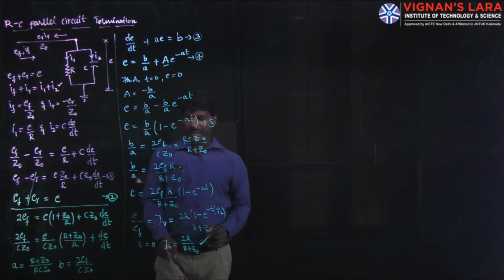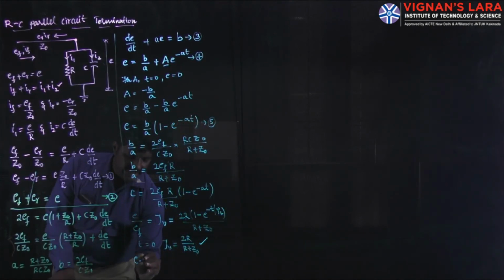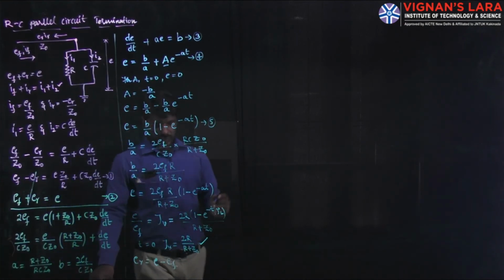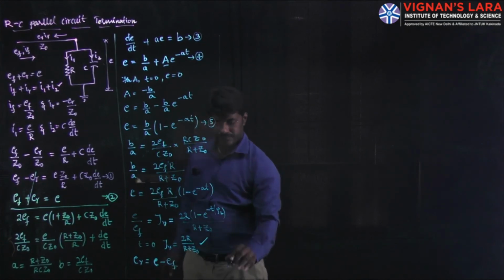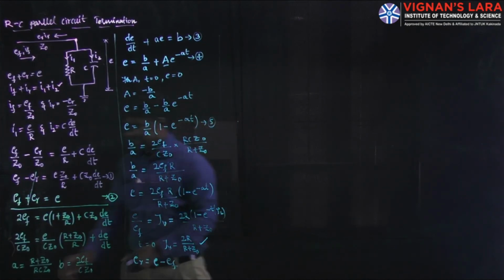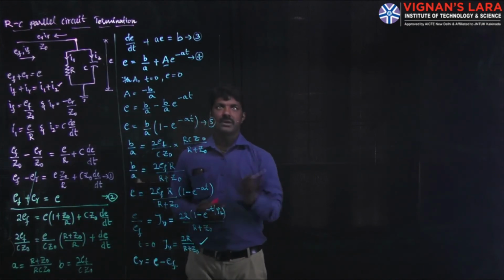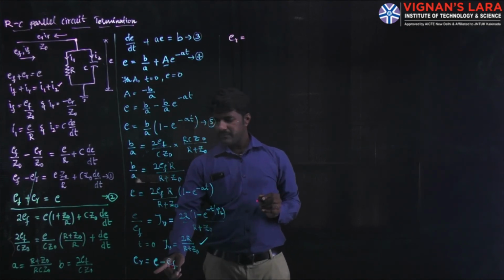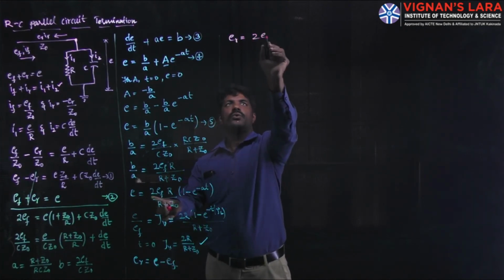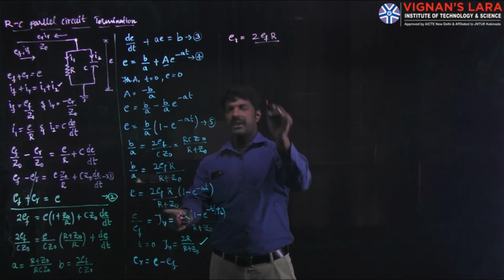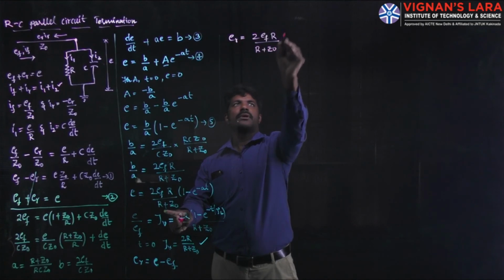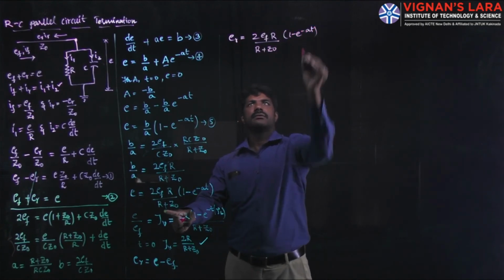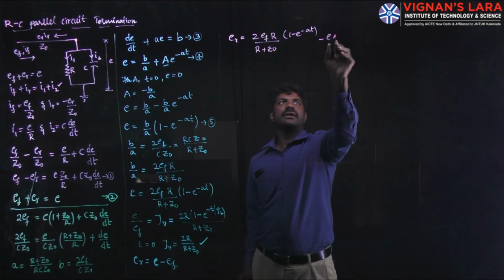Whereas the reflected value, you can also verify that E reflected is equal to the overall resultant minus incident. So the reflected voltage ER is equal to the total voltage E, whose value is 2EF R by R plus Z naught into 1 minus e power minus AT, subtracted with EF.